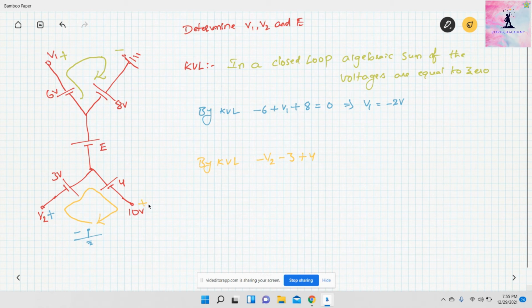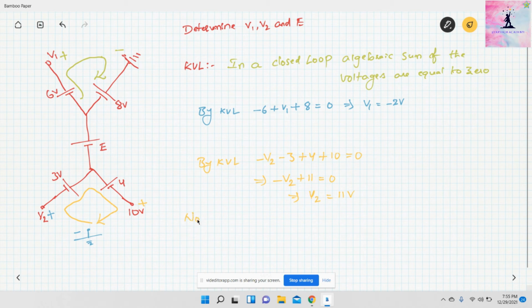It is at higher potential. So it is positive. Plus 10 equal to 0. That implies minus V2 plus 11 equal to 0. That implies V2 is equal to 11 volts.